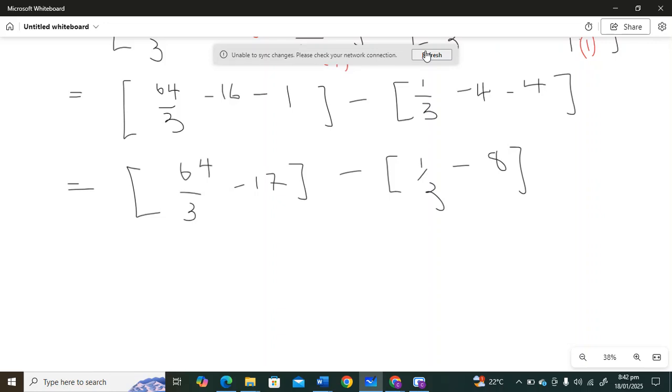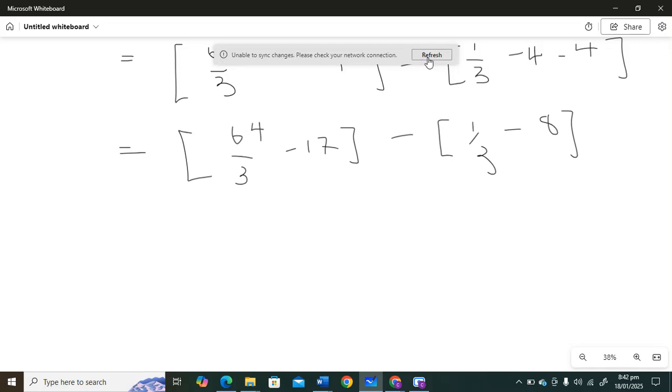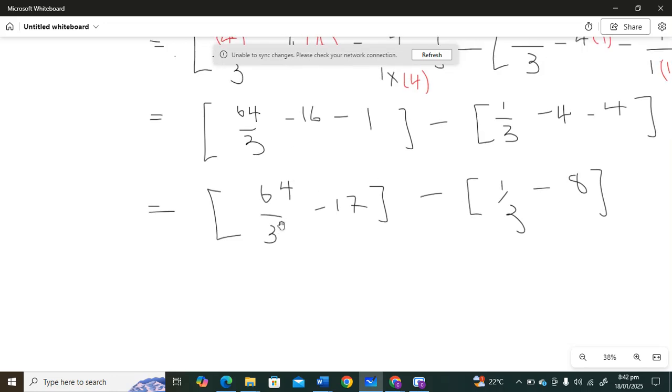Why isn't it refreshing? Yes, we're doing 64 over 3 minus 17, close brackets, open brackets again, 1 over 3 minus 8. So you can let me know what values you've got as I'm trying to do this here.